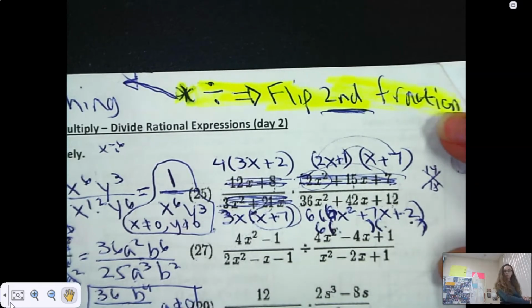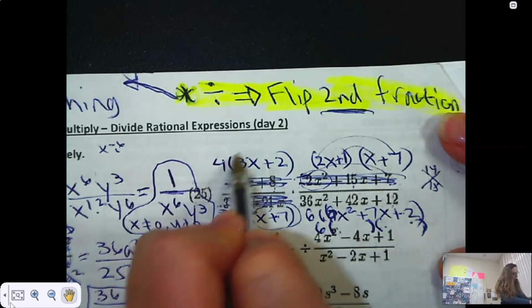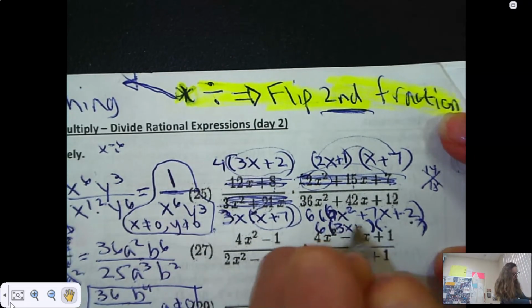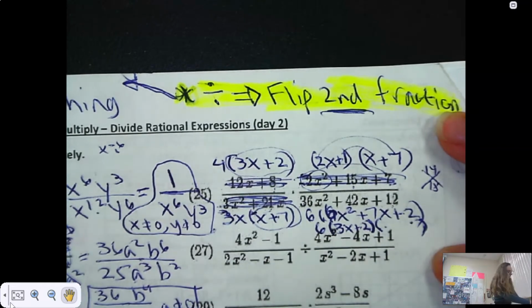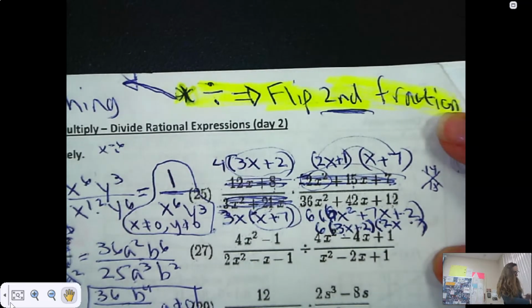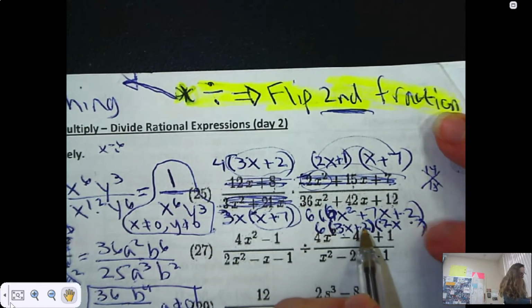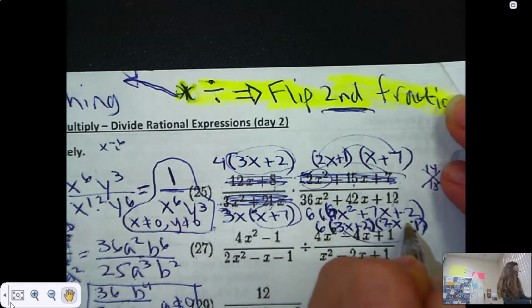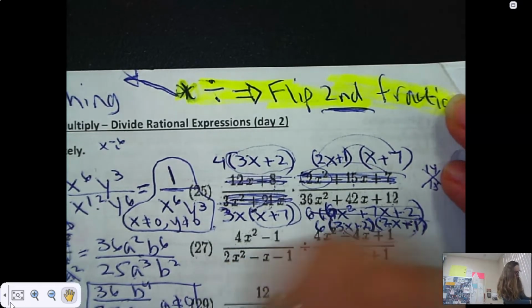Which one do you think I'm going to guess? 3x, because see how that says 3x plus 2? Now, it doesn't mean I'm right, but it means I'm taking a guess. So that means if that's 3x, this would have to be 2x. And then I go, okay, 2 times what gives you 2? 2 times 1. So let's see. 2 times 2 is 4. 3 times 1 is 3. 4 plus 3 is 7. Ah, it works. So then we're good to go.